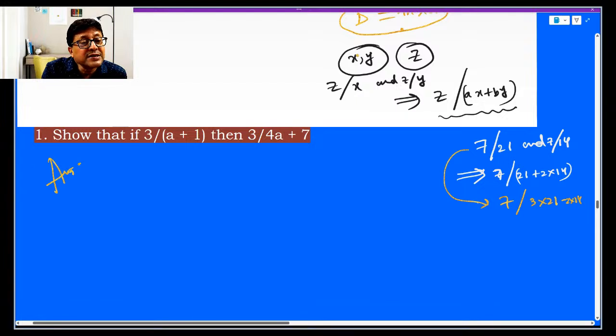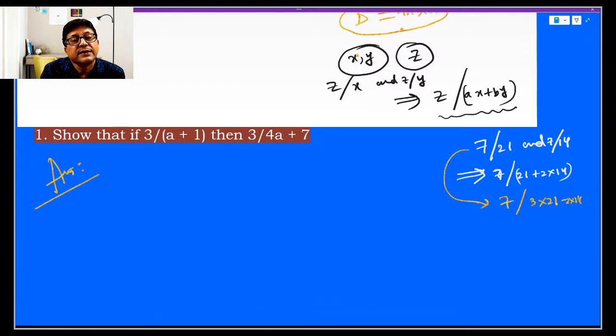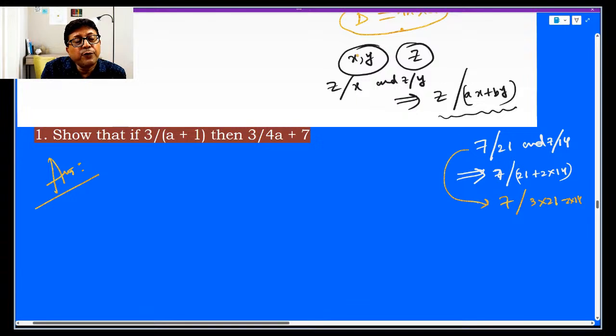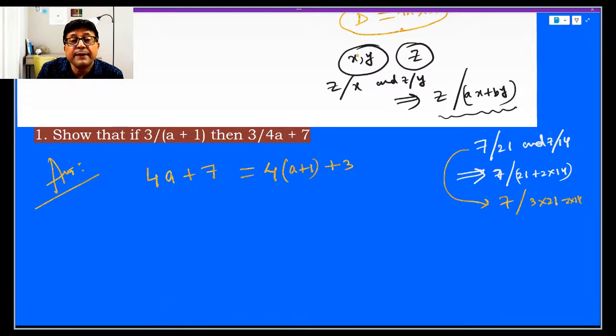We are going to answer this manner, that 4a plus 7 we will write like 4 into a plus 1 plus 3. a is an integer, a plus 1 also an integer, and you know that 3 divides a plus 1.